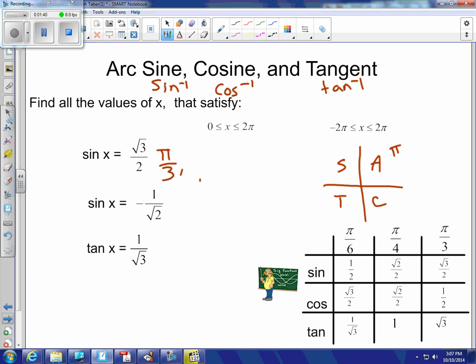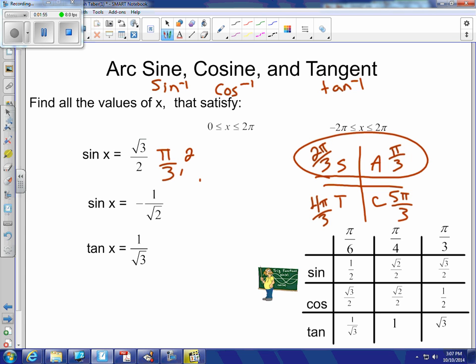So this is where pi over 3 is located, right? Then, if you watch the other video, 2 pi over 3, 4 pi over 3, and 5 pi over 3. These are the two angles we want. This satisfies it from 0 to 2 pi.